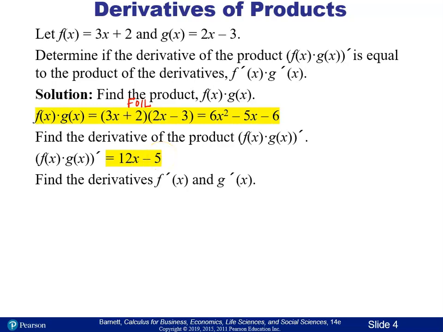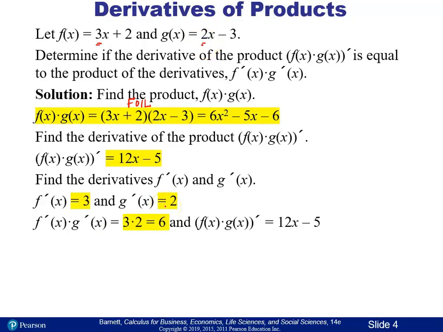Okay, but if we want to see if it's the product of their derivatives, then we want to consider what the individual derivatives are. The derivative of this is just 3, and the derivative of this is 2. If we multiply those together, 3 times 2 is 6.